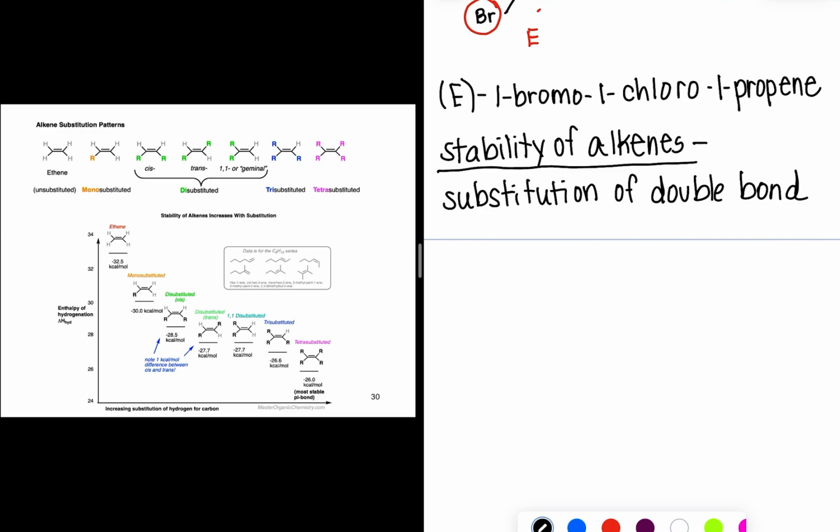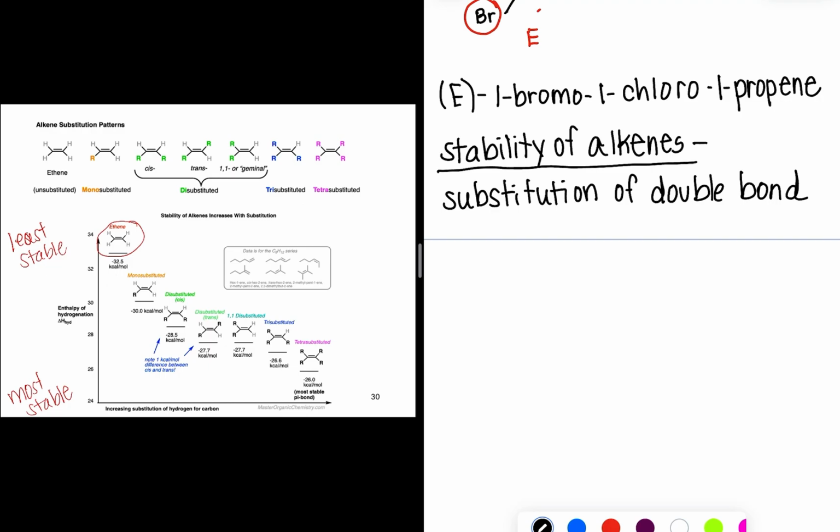If I have just ethene, that has the highest potential energy, meaning the least stable. Down here is the most stable, lowest potential energy. Experiments were done to determine that ethene is the least stable alkene, then it's a monosubstituted, then a disubstituted, a trisubstituted is more stable, and a tetrasubstituted is the most stable.